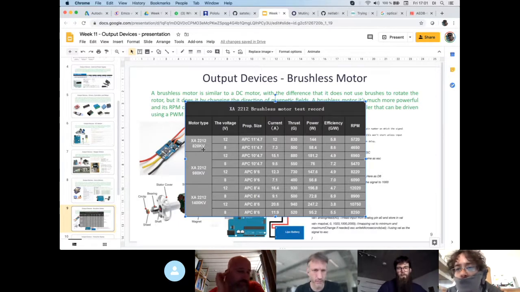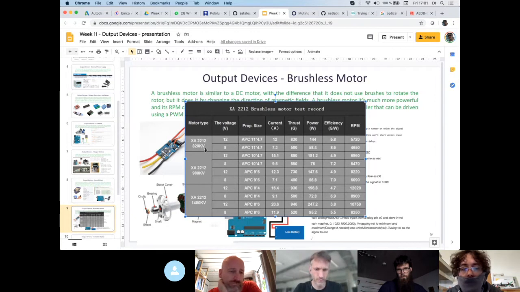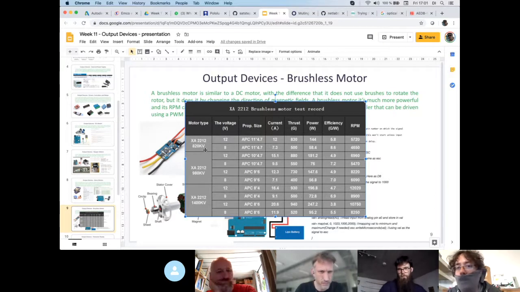It's actually common to all the brushless motors. It's the RPM per volt. In this case, 820 means that every volt you have 820 rotations per minute. So if you have 10 volts, you have 8,200 and so on.